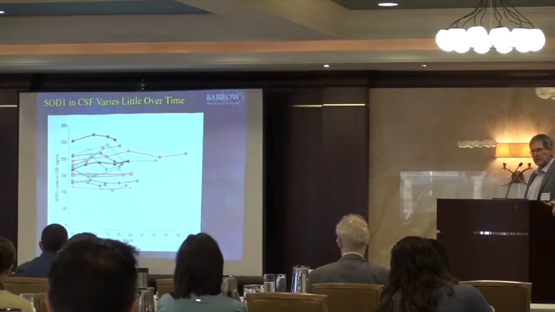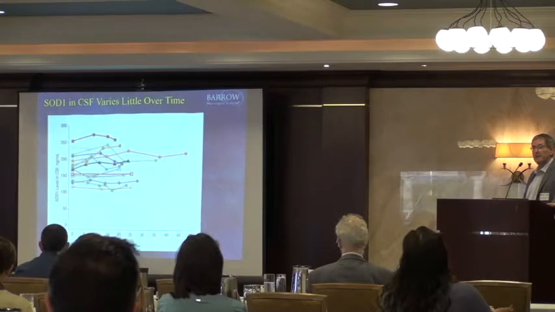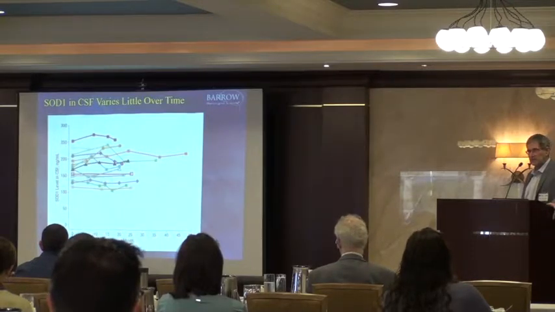And so this is just a target engagement marker. The jump from reducing SOD1 to impacting disease is an experimental jump. But there's no implication here that if this study is successful, that forms a clear link to a clinically beneficial result. That would be the next study.